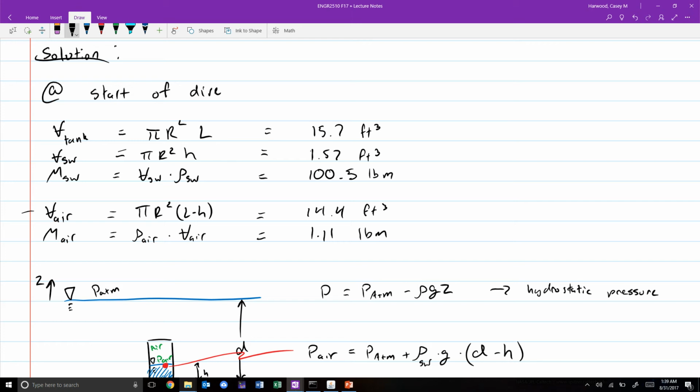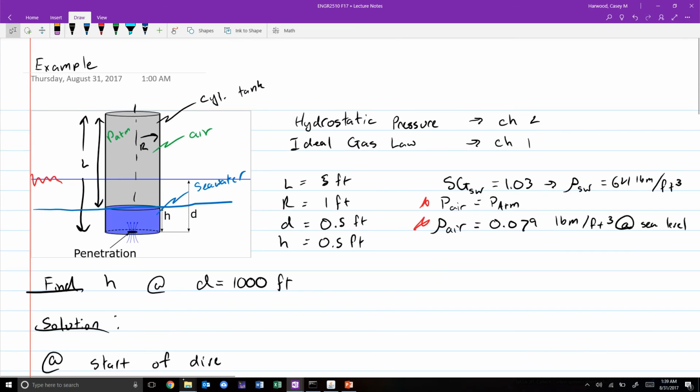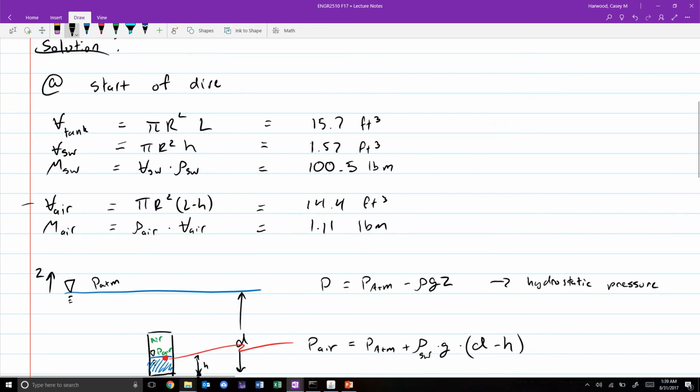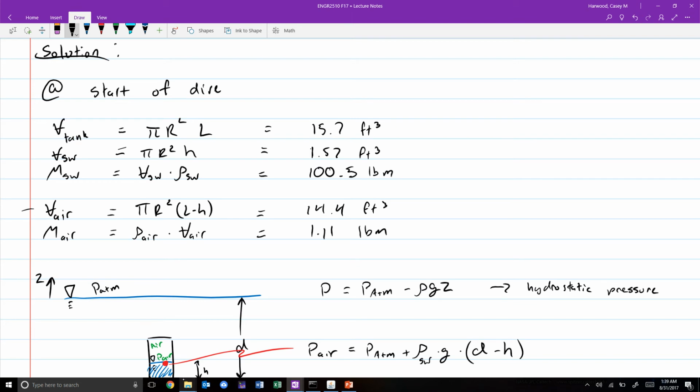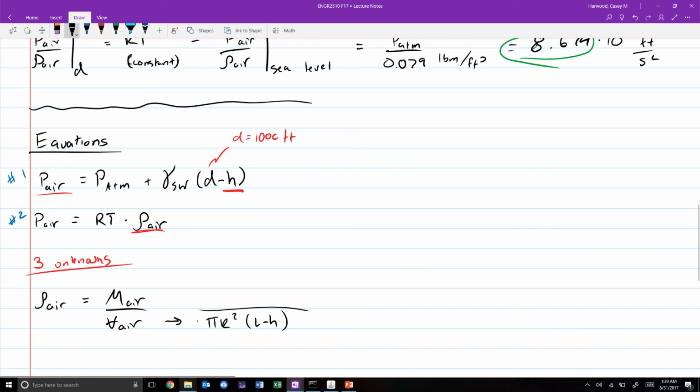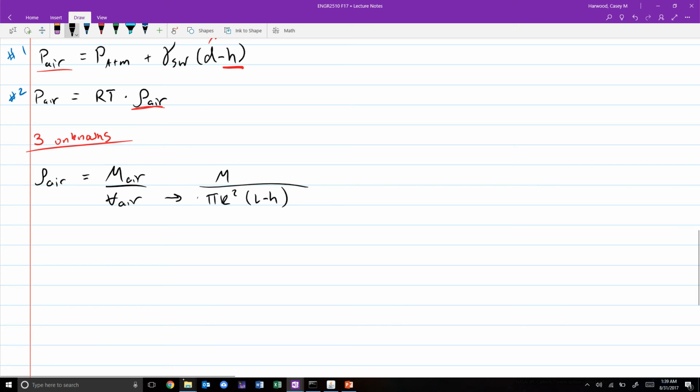Hopefully, you're shaking your head and saying to yourself, "No, that shouldn't change," which is accurate. Remember, I said that once this begins its dive, it is for all intents and purposes the top is sealed, right? The mass that is contained at the start of the dive remains in the tank. It will be compressed by the increasing pressure, but the number of molecules remains the same. So we can simply take this known mass right here and carry that all the way through the problem. Mass air, which is a known quantity.